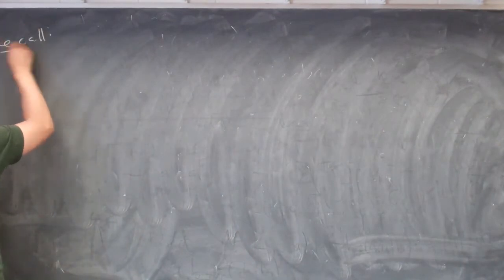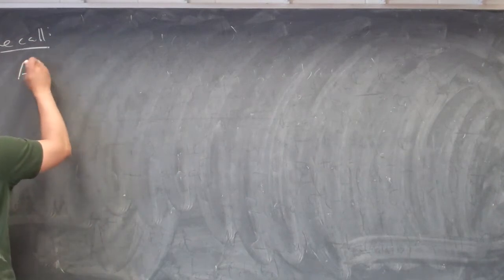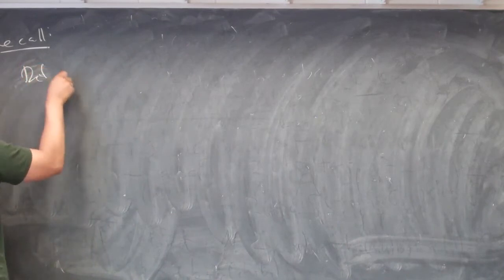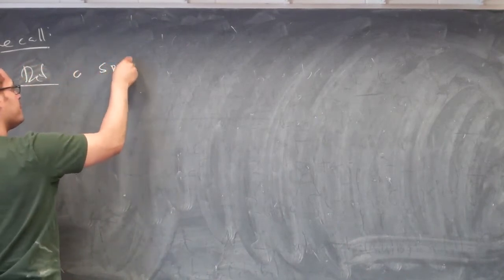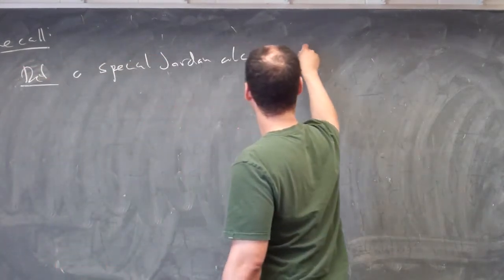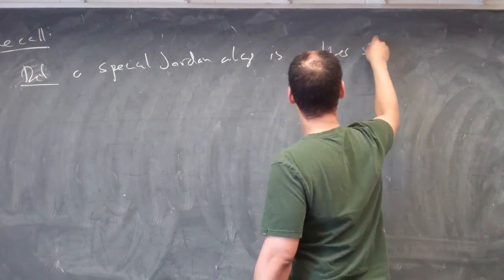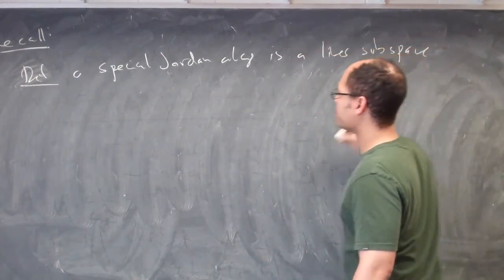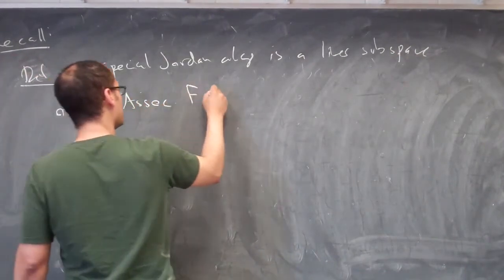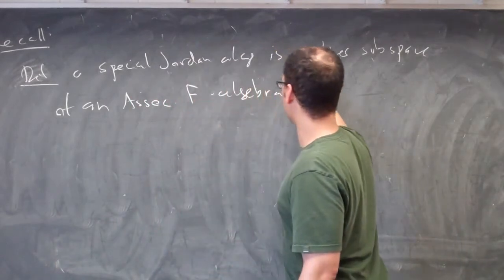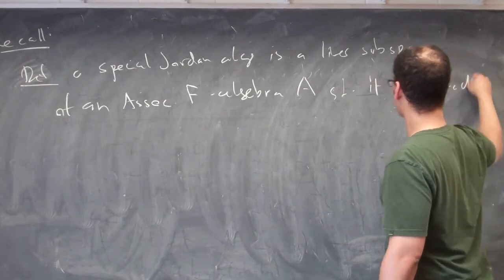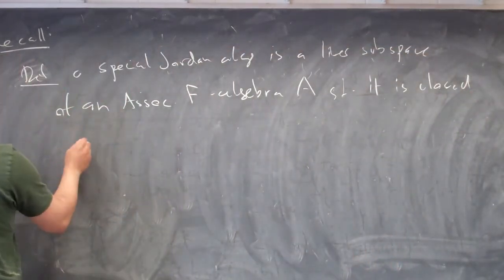So recall that we define a special Jordan algebra to be a linear subspace of an associative F-algebra A such that it is closed under these two particular compositions.